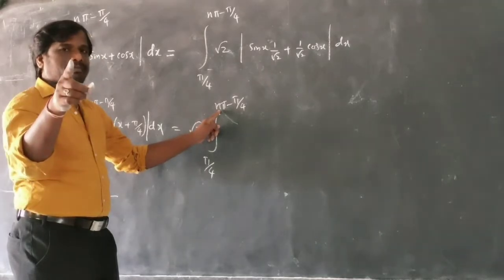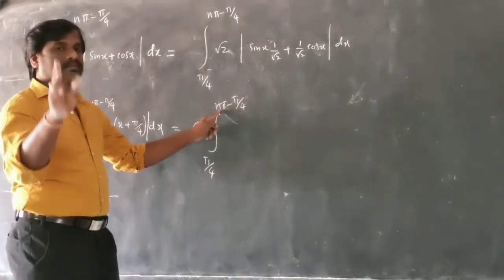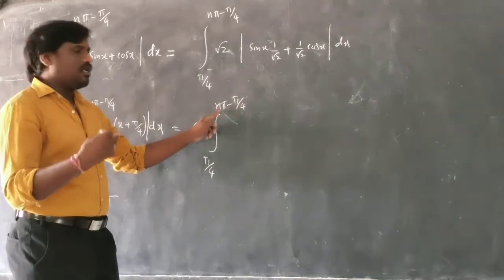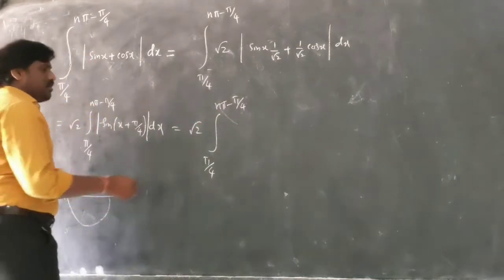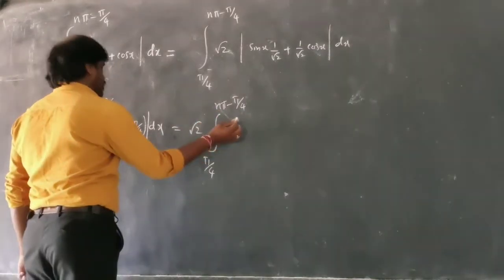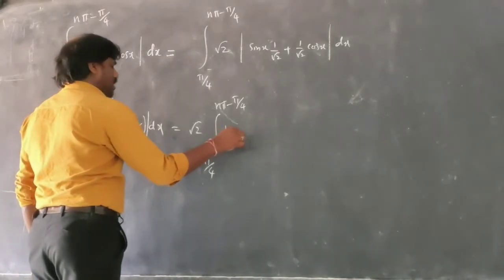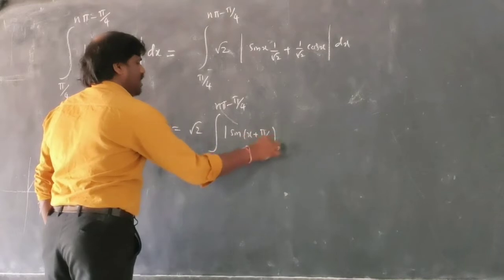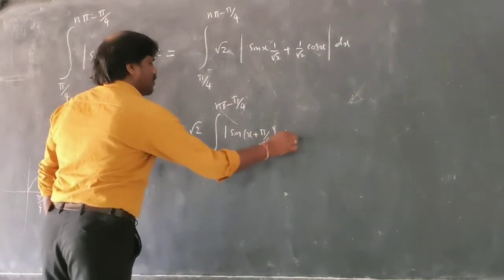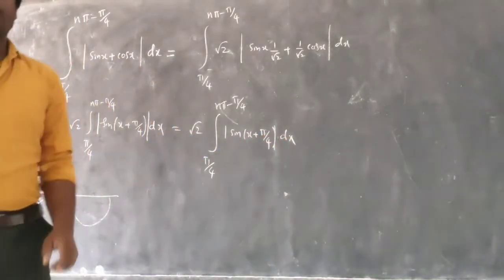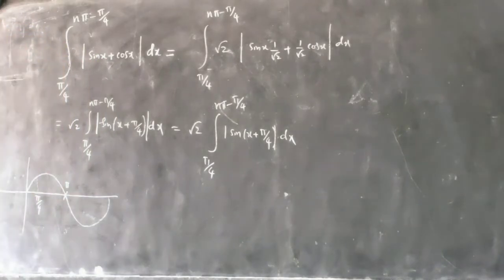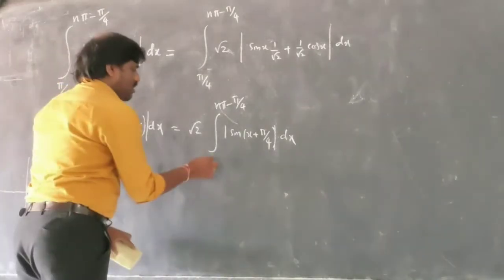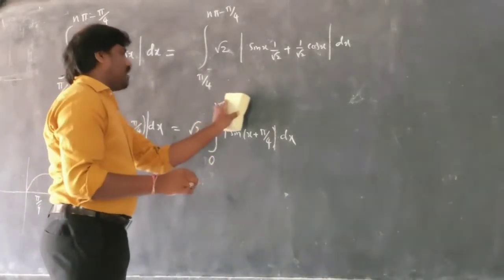Yesterday's property number 2, on periodic functions. Let's apply that. Mod of sin x plus pi by 4 dx. According to yesterday's periodic function rule, this can be written as the integral from 0 to n pi.